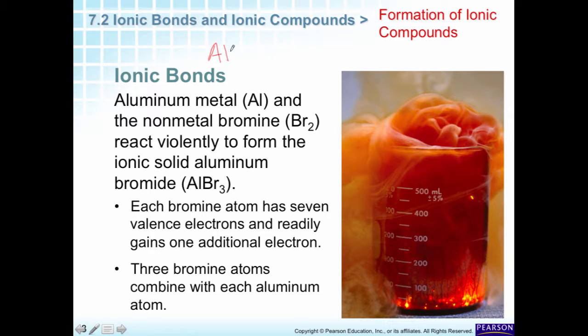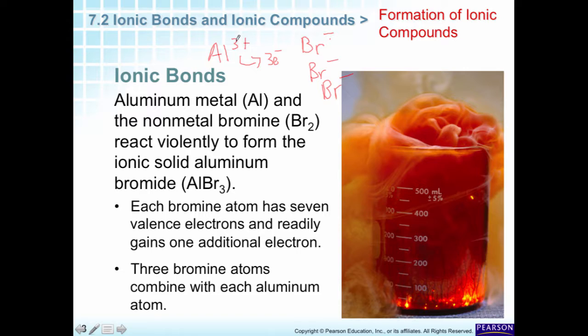Aluminum is 3 plus. And we know bromine is in group 17, so it has a minus charge. So that means aluminum will give up 3 electrons. But each bromine only gets 1, so we need 3 bromines to do that.